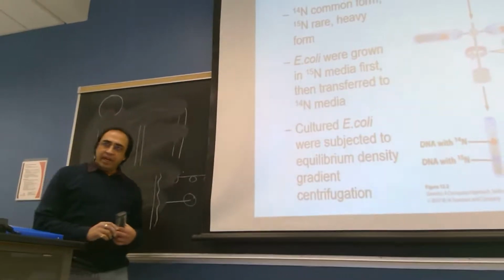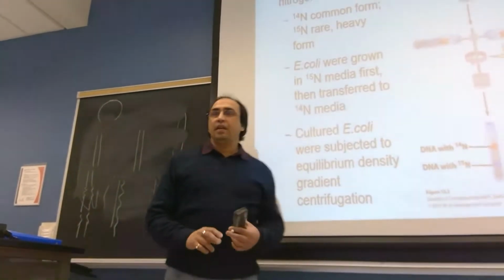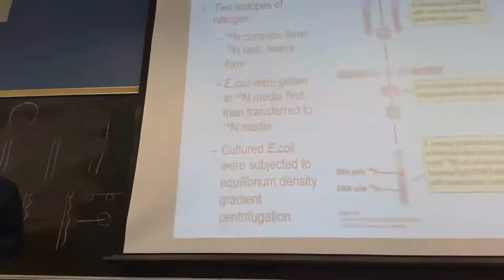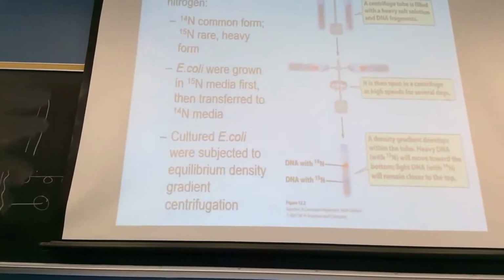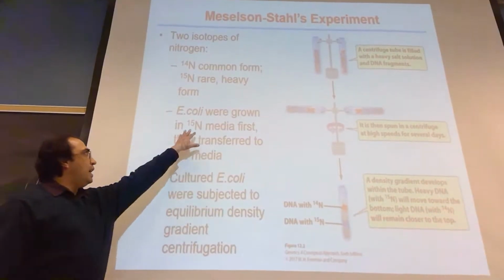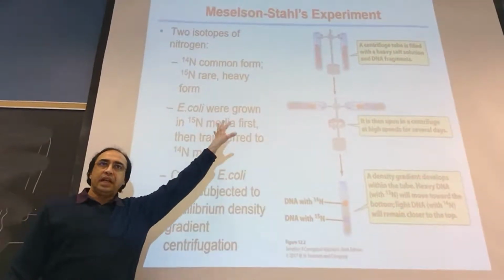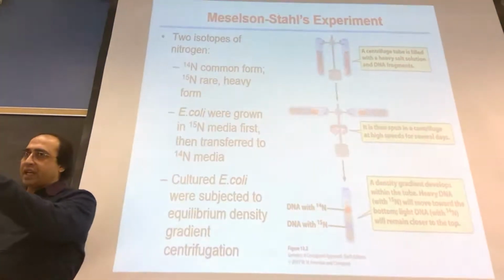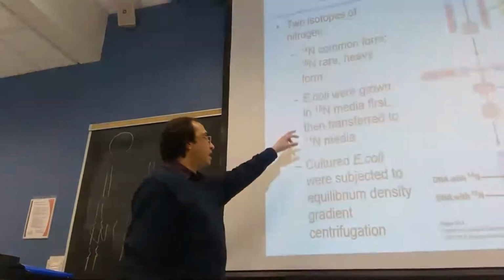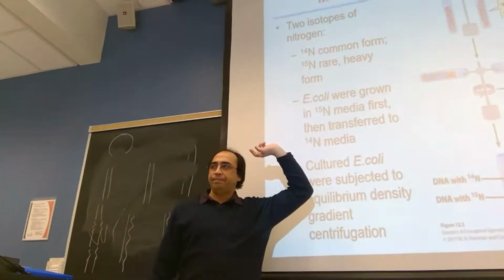They prepared a culture medium with this 14N nitrogen, and another culture medium with 15N nitrogen. They cultured the E. coli in the 15N media first. That means all the nitrogenous bases in that E. coli contain that 15N nitrogen.